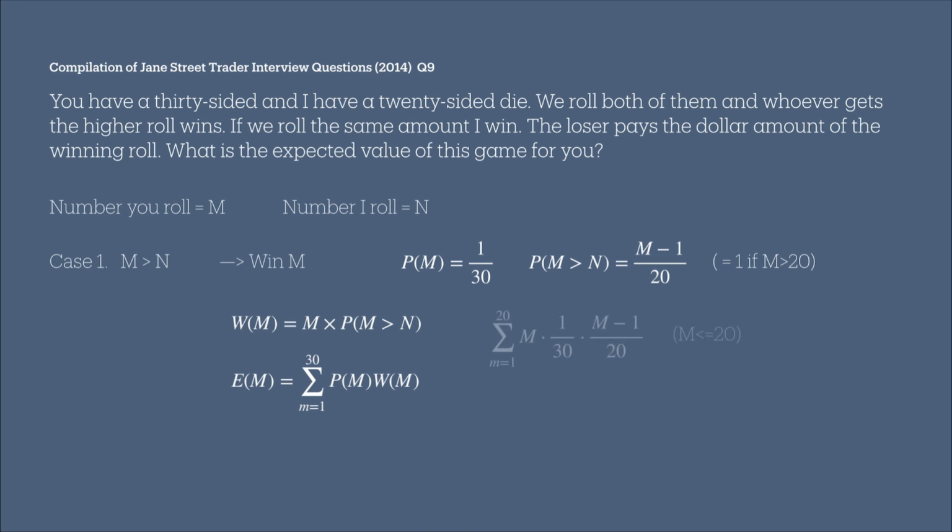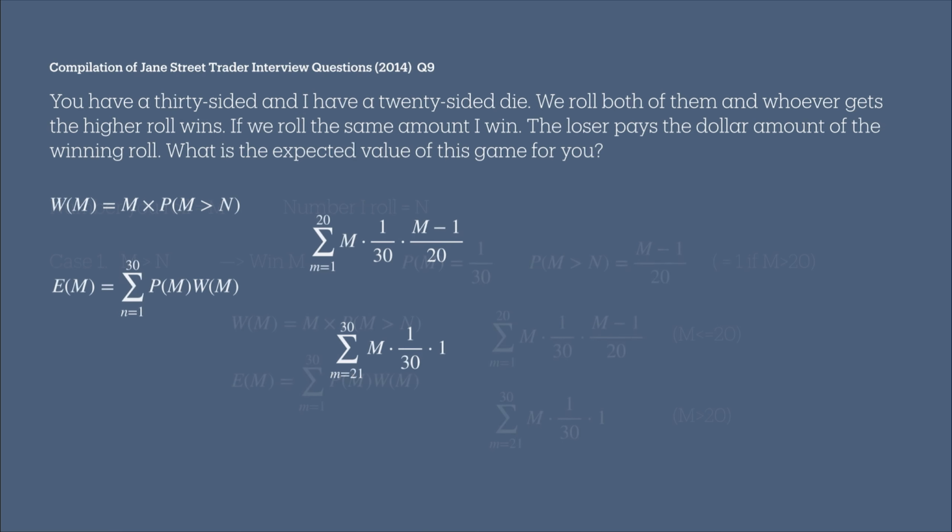When m does not exceed 20, P(m greater than n) is (m minus 1) over 20. When m is larger than 20, P(m greater than n) is 1. By substituting P(m) and P(m greater than n), we get these functions. Next, all we have to do is add these together. By extracting the denominator and multiplying the terms, we get this expression.